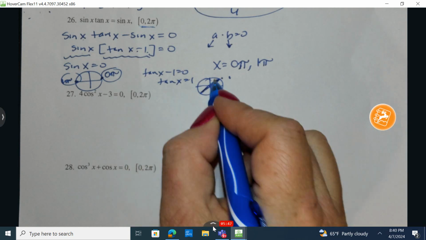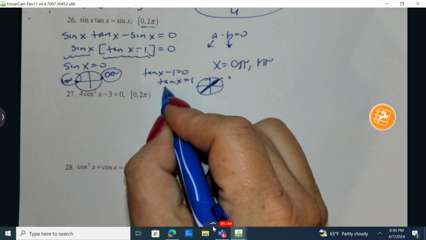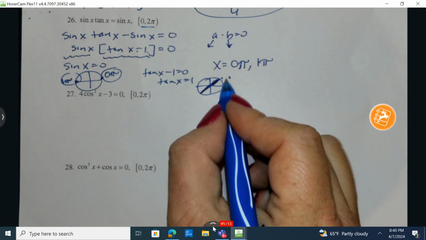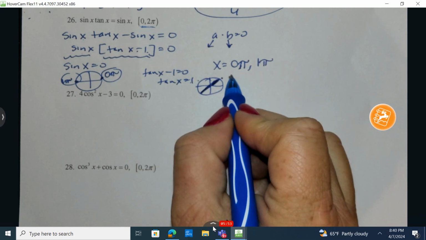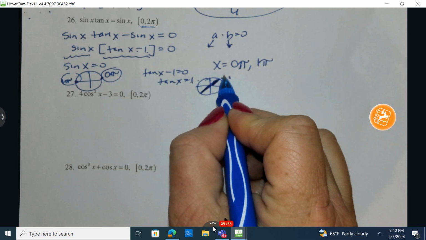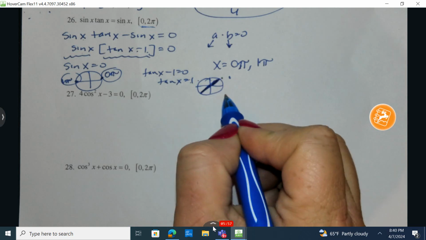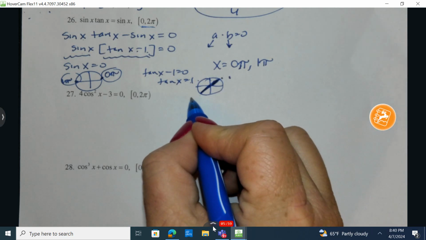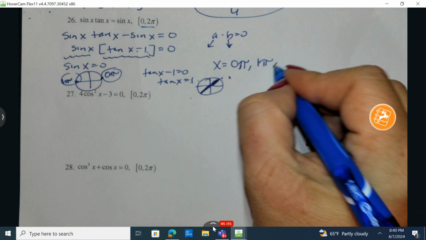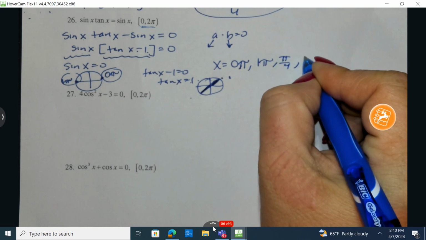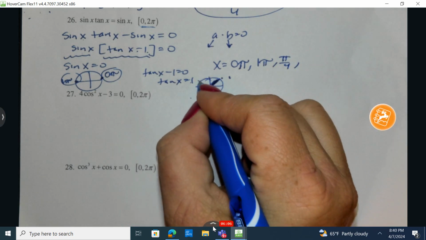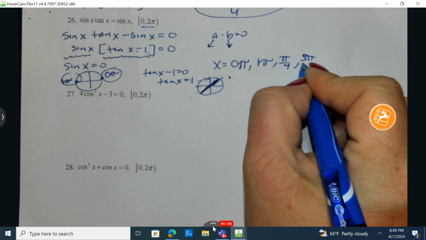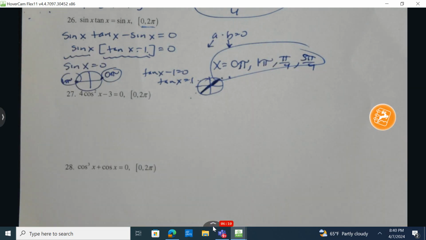And in quadrants 1 and 3, we have the same sign, so tangent is positive 1, because a positive radical 2 over 2 divided by a positive radical 2 over 2, and vice versa, a negative by negative, both give us a 1. So I'm going to add pi over 4, and let's see, that's 1, 2, 3, 4, 5, and 5 pi over 4 to the list of solutions to this equation. Let's move it up and look.